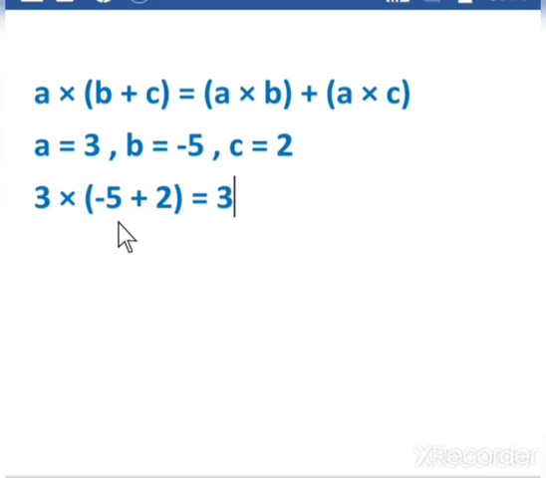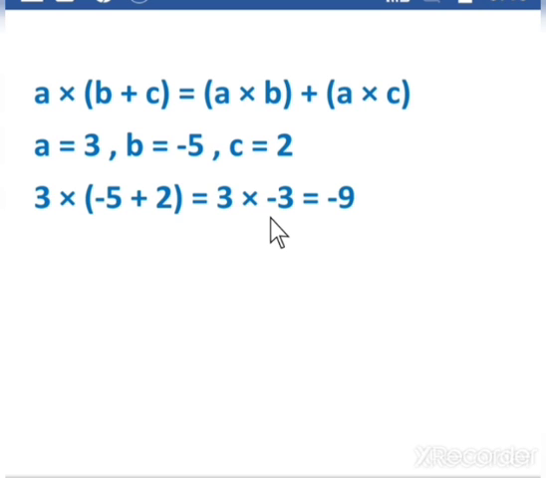So 3 into minus 3. If we multiply these numbers, the answer will be 9, and multiplying the signs, plus into minus is minus, so minus 9 is the answer.